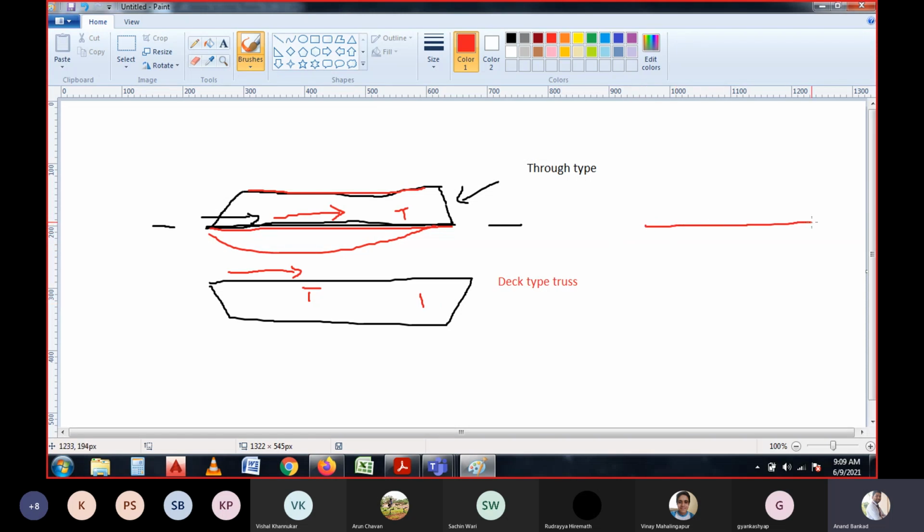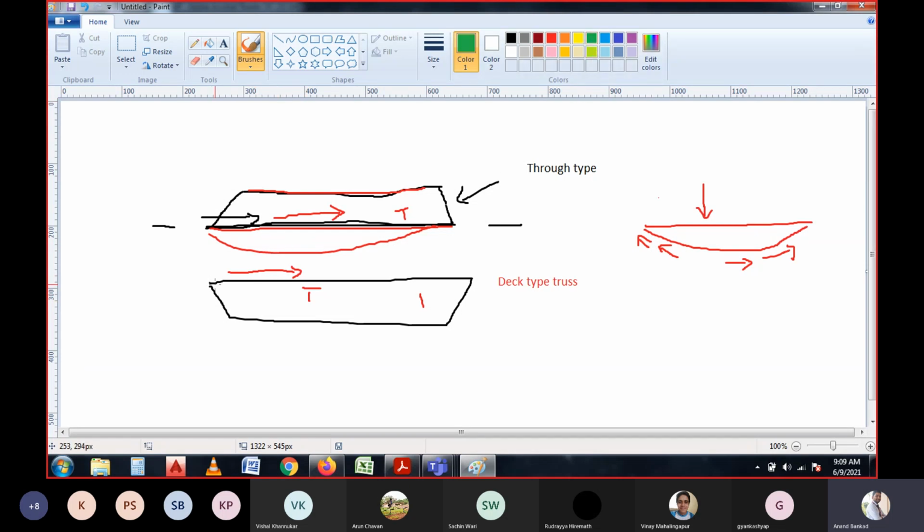If the member is considered like this, when the load is applied at a certain point, this will be under bending, and since it is bending, there will be a tension force, right? The tension force means the particles, the elements in the member, are trying to move away from the point, like this. So that is the same case.